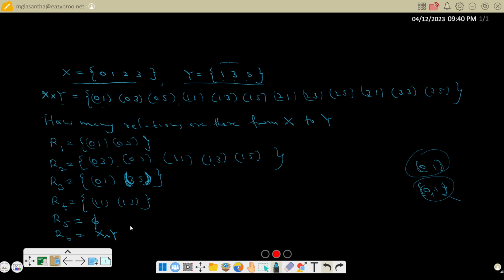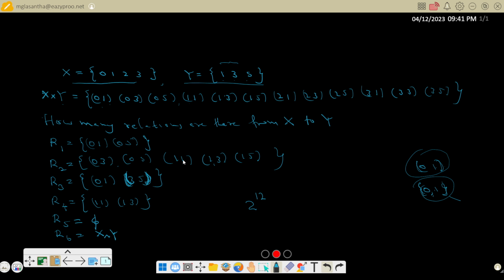How many relations can you write? Total number of relations. You can write 2 to the power of 12 relations. How did I get this 12?